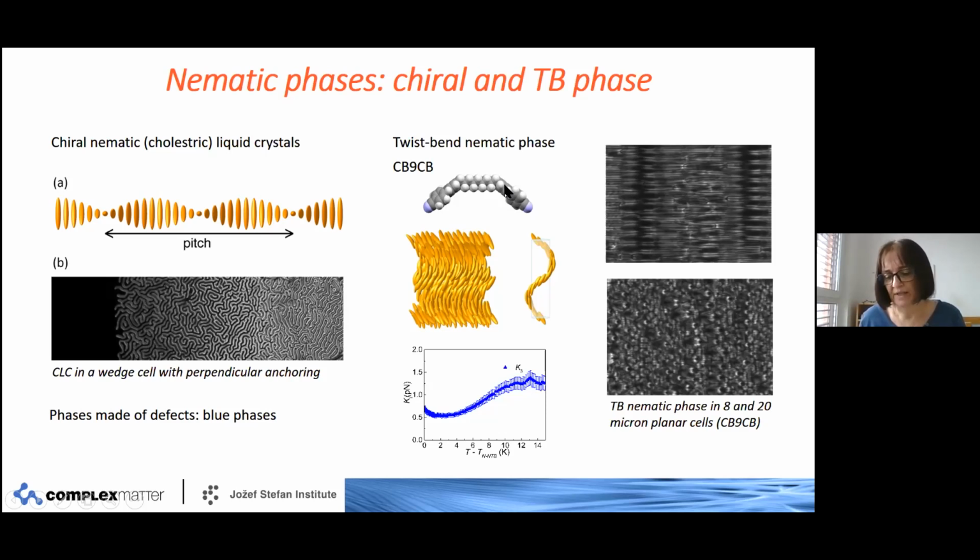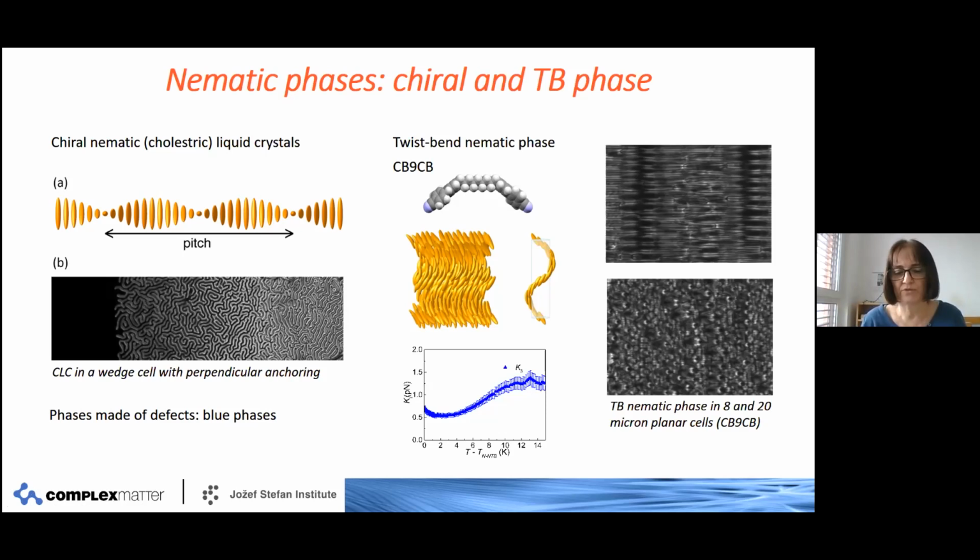And you can think that if they're bent, then they will pack better when the bend is oriented in the same direction. And this is indeed what happens in some materials which exhibit two nematic phases. One is the usual uniaxial nematic phase, and the lower temperature phase is unstable towards bend deformation due to the shape of the molecules.